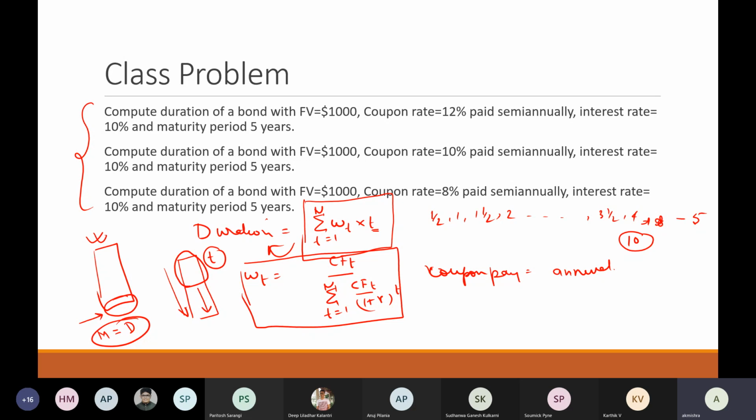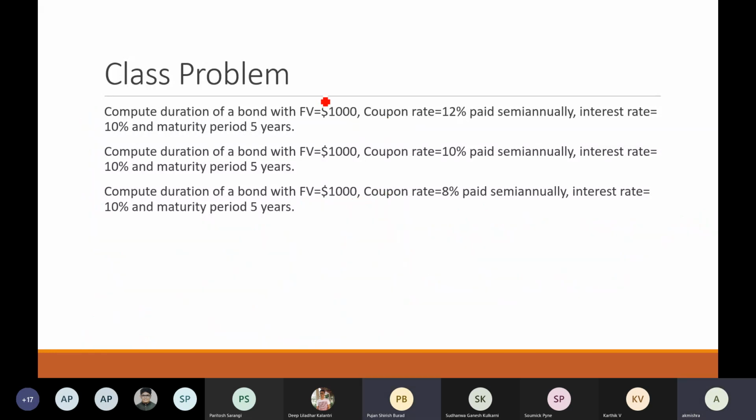Anyone who has done it at least once? Yeah, Pujan. Sir, can I try? Okay, yeah. Sir, for the first, I got duration as 3.946. So here 3.94, right?